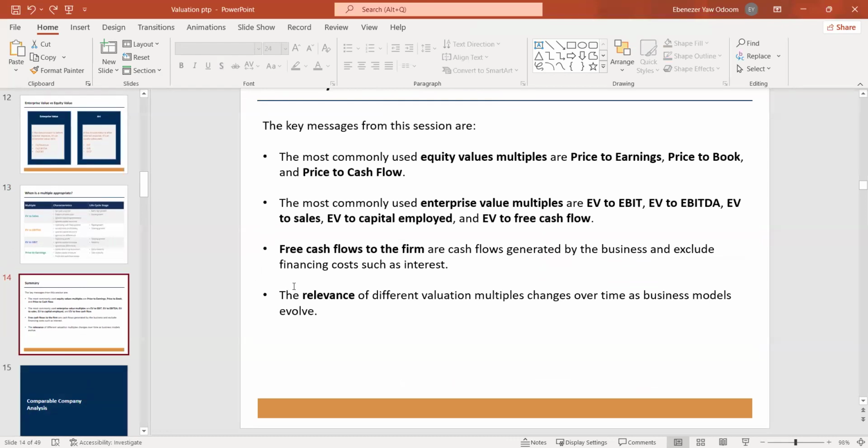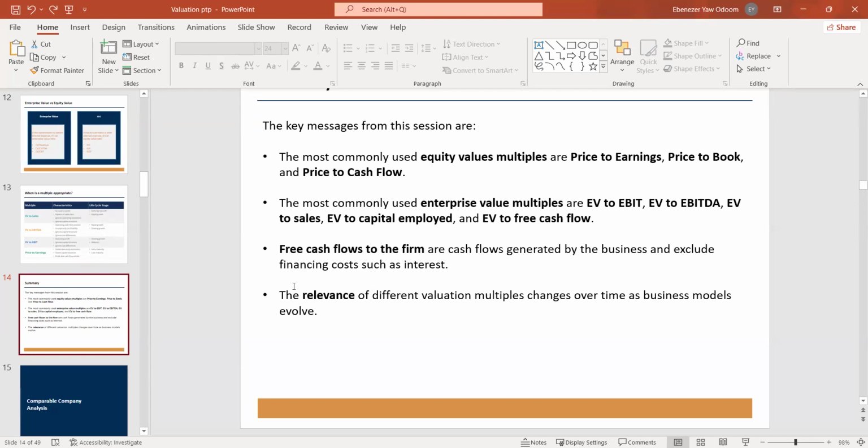So we have established that if you are valuing equity in terms of multiples, you are looking at price to earnings, price to book, and price to cash flow. And for enterprise value, you are looking at EV to revenue, EV to EBIT, EV to EBITDA, and then sometimes EV to capital employed, depending on the industry.